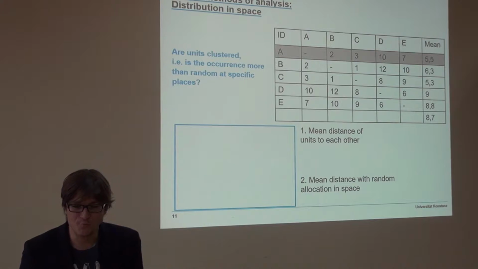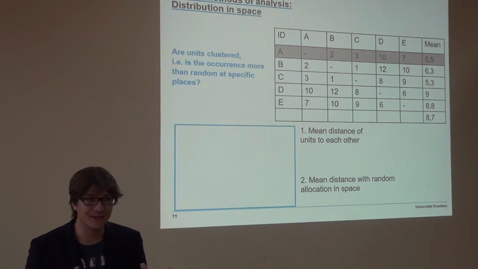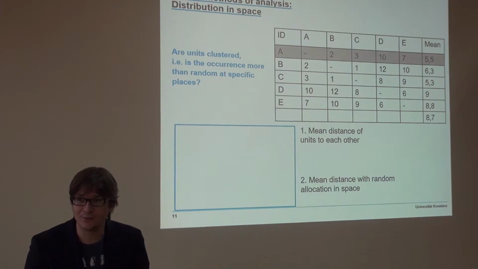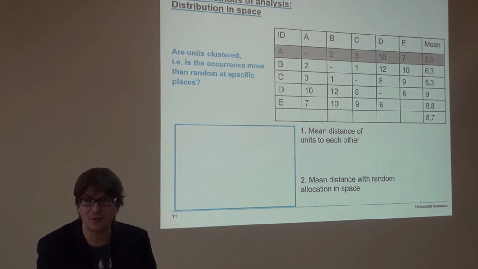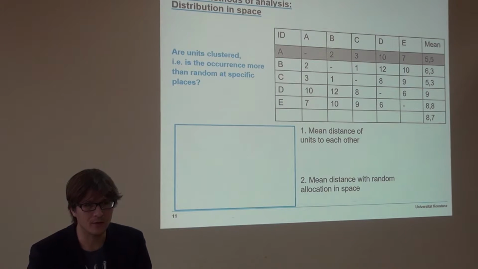And then it could be that the mean is lower, which would mean there's some kind of clustering, or it could mean that this is larger, and that would mean that it's more spread out than when it would occur randomly. Okay, so this could be, say, the first spatial method of analysis, and you would find it in the program if you would have a question in this direction.